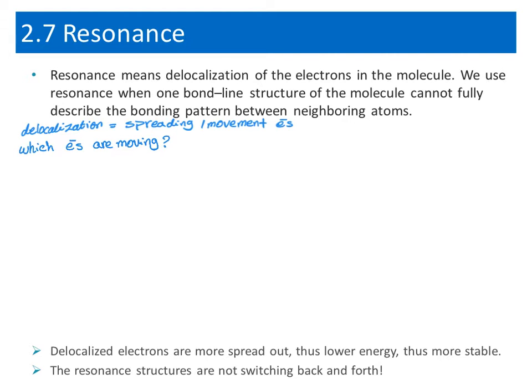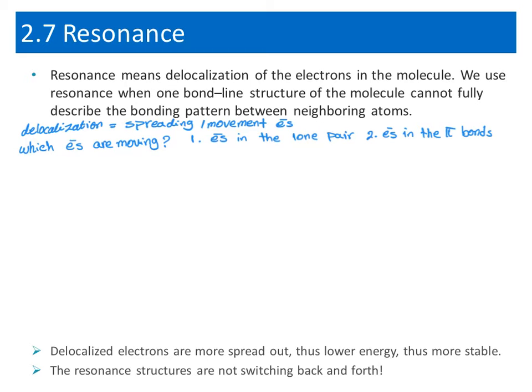And the answer for that is electrons in the lone pair or electrons in the pi bond. So whenever you see a lone pair of electrons or pi bonds, you can consider drawing a resonance structure for the molecule if it is needed.